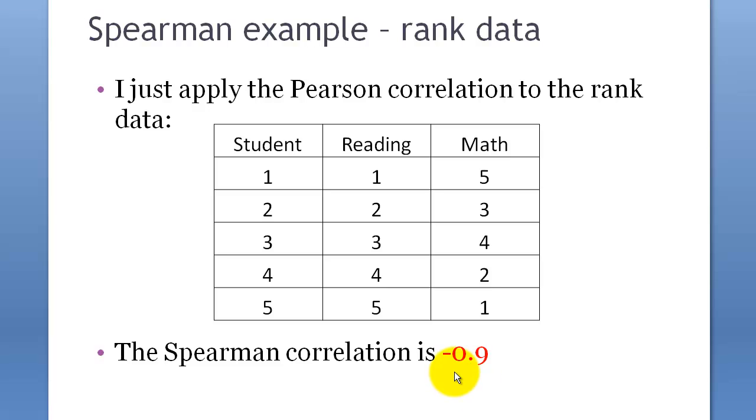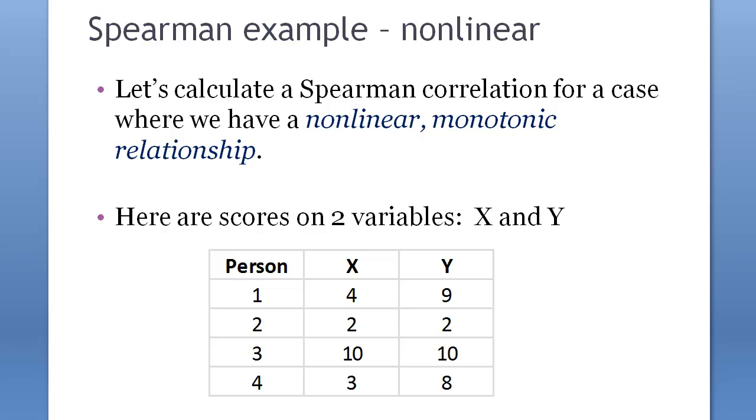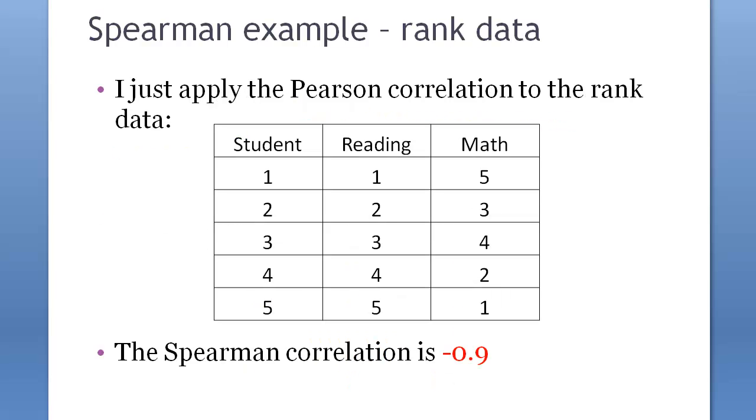This number is based on the same calculation as the Pearson correlation. So you apply Pearson correlation to this sample data, and you get minus 0.9. And that's what the Spearman correlation is: just doing a Pearson correlation on the rankings.